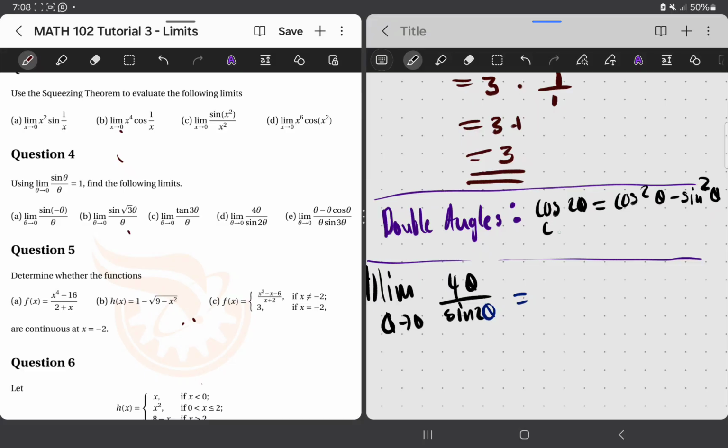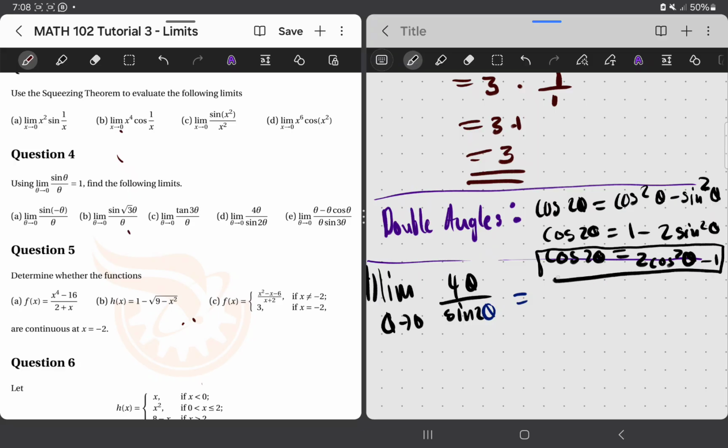We can also say cos 2 theta is equal to 1 minus 2 sine squared theta, or we can also say that cos 2 theta is equal to 2 cos squared theta minus 1. Watch these two here, okay? It's 1 minus 2 sine squared or 2 cos squared minus 1. Remember these ones for your cos 2 theta, they are very important.